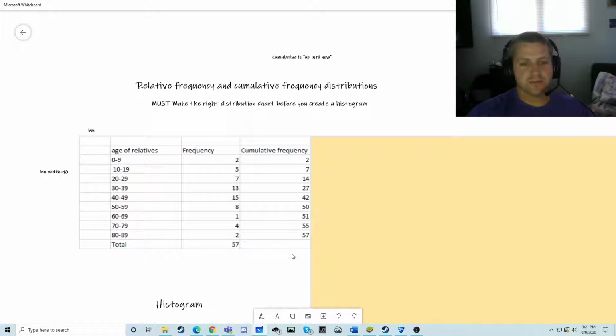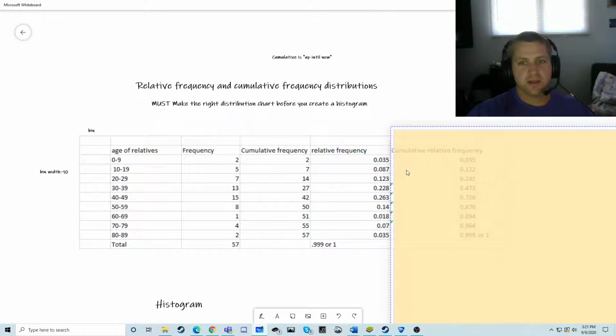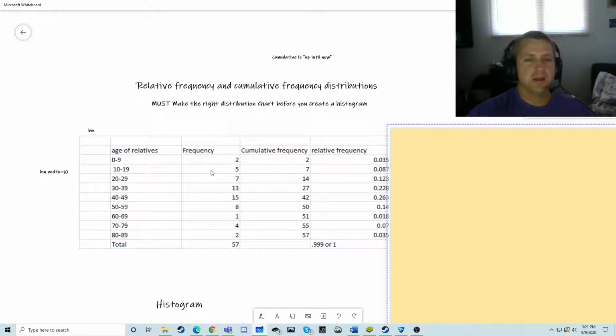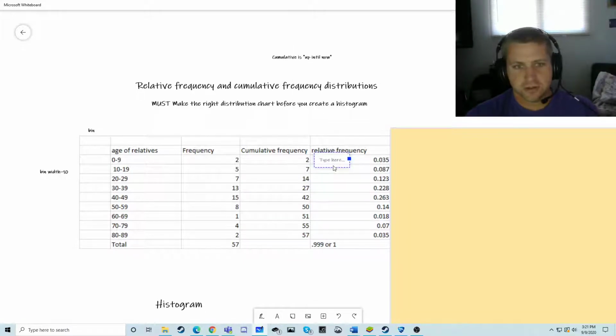A relative frequency distribution is all about percents. It's like what percent of the total is this in this category. So I would just go right up here and go, okay, so there's 2 in this category. So 2 out of 57 total. You can see there's 57 in there.